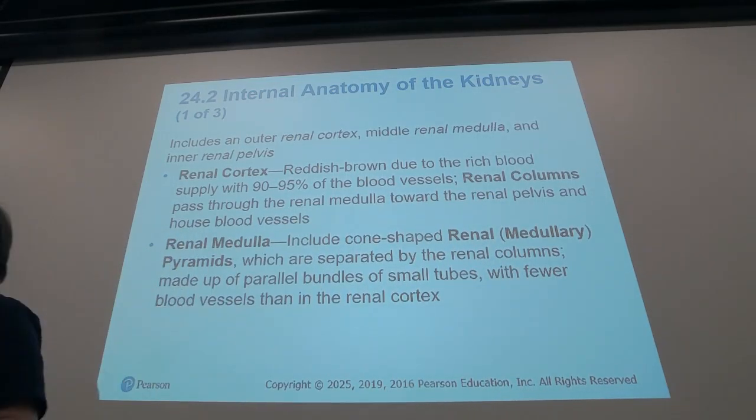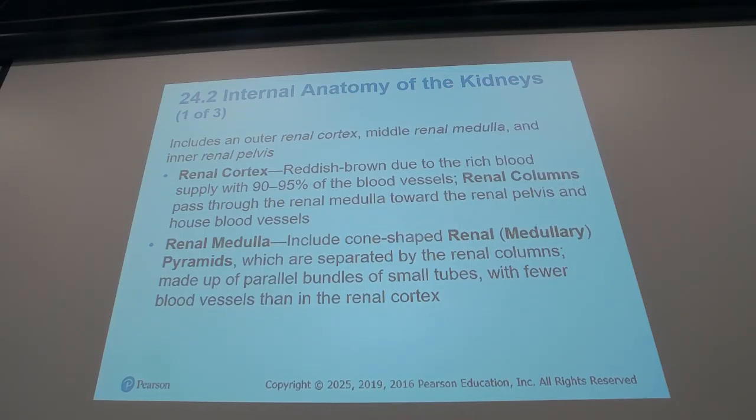Now, in the cross section of the kidney, or in the longitudinal section, you can see the internal structures, like the renal cortex, which is an area where you have a dark brownish or reddish color, because that's where you have 90 to 95% of the blood vessels, which gives this area that color.